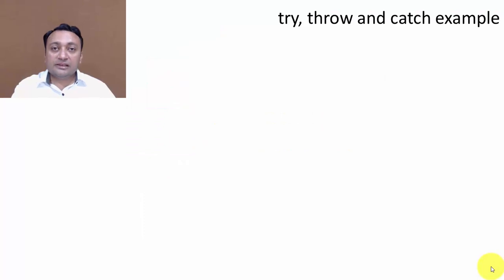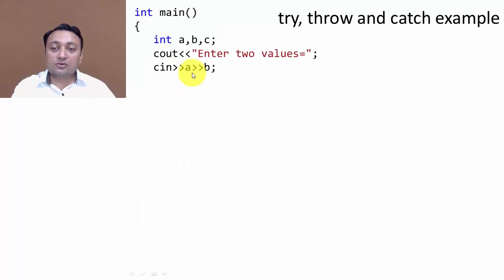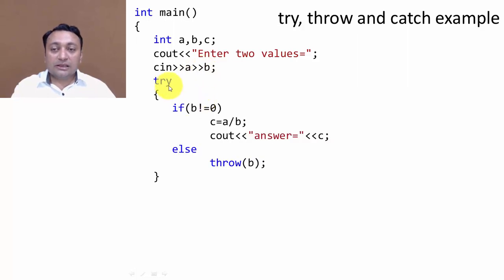Let us see the divide by 0 example with try, throw and catch. Here I am scanning two values from the user, and inside the try block I am writing the code that I want to monitor. Inside that I am checking that if the value of B is not 0, then I am going to perform the division operation and display the answer.